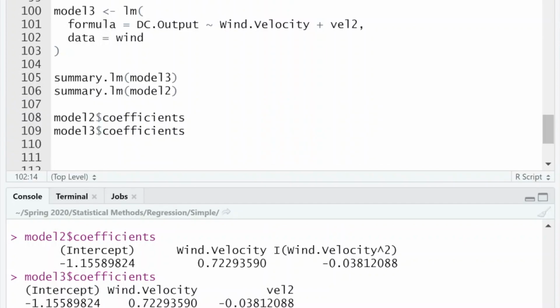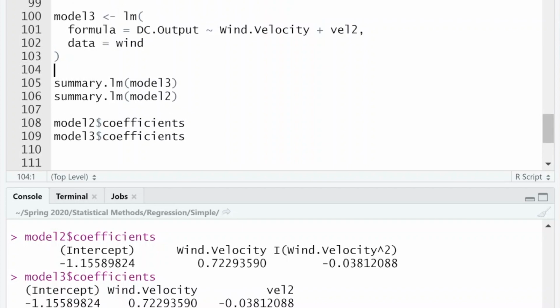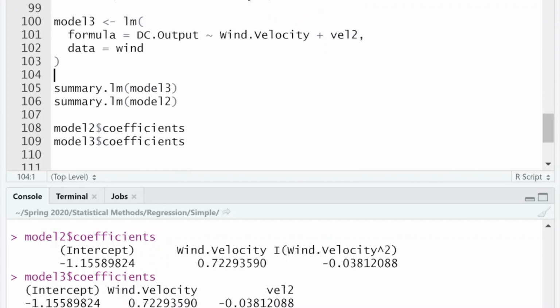Interactions really are more or less just two variables sort of interacting, sort of covering the same ground, just maybe in different ways, and their relationship with our outcome, which in this case is this DC output. Now we will get into interactions in a future video because that stuff can get a little complicated sometimes. So we're not going to worry about it now, but this is essentially an introduction into all that.